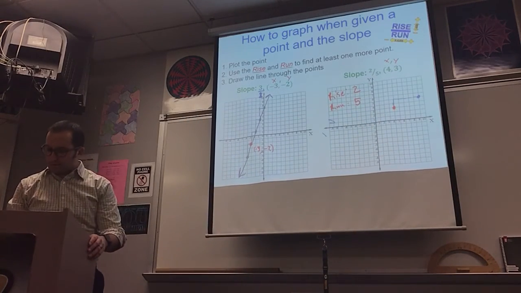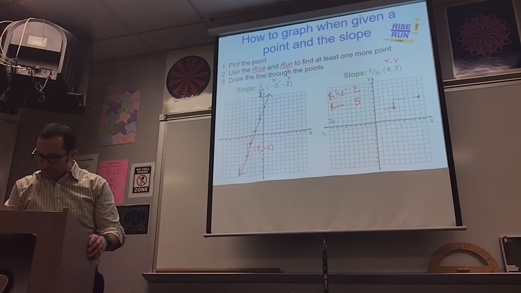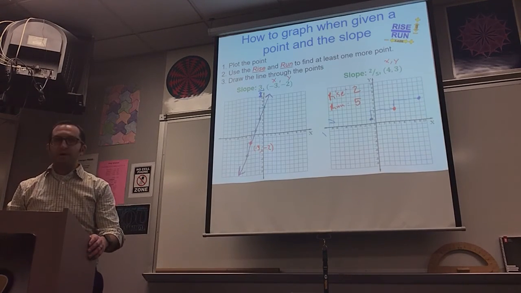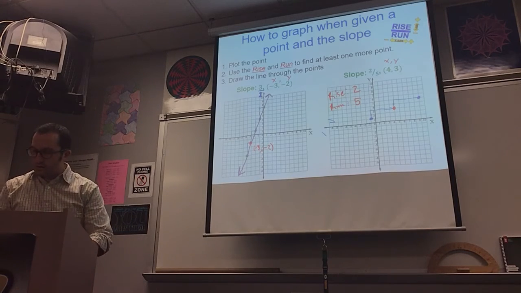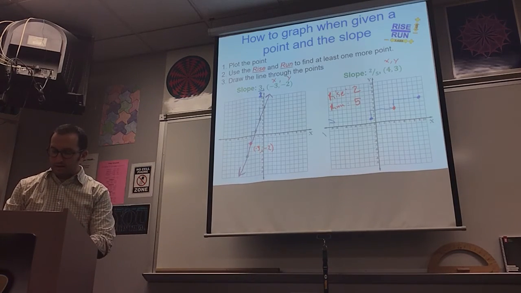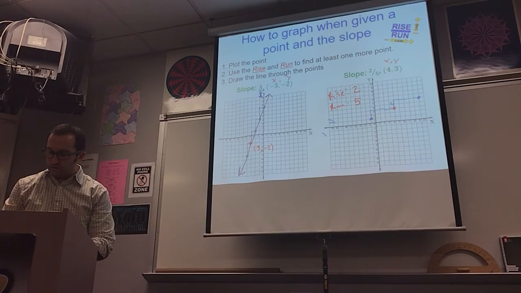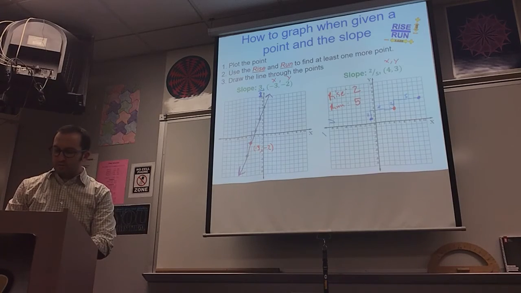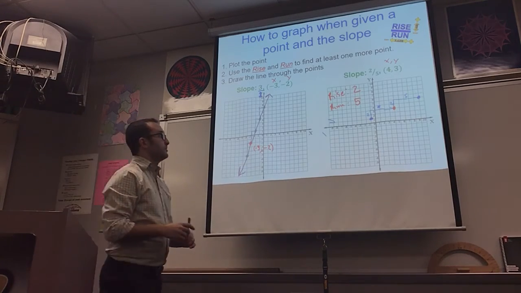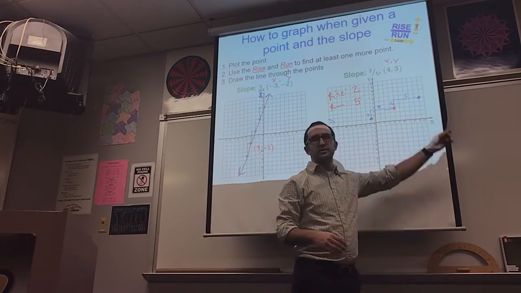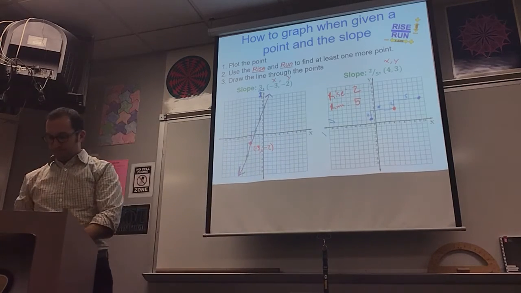You can work backwards. 1, 2, 3, 4, 5, 1, 2. If I wanted to get any more points, I could. But the idea behind this is that my slope should be 2 and 5 every time. Is my slope 2 and 5? Yep. 2, 5, 2, 5. So now my line.